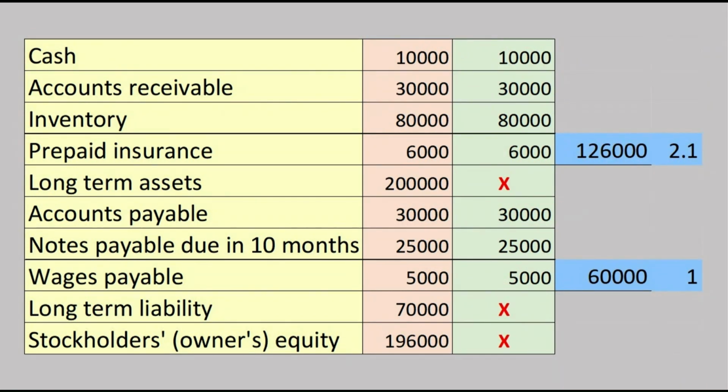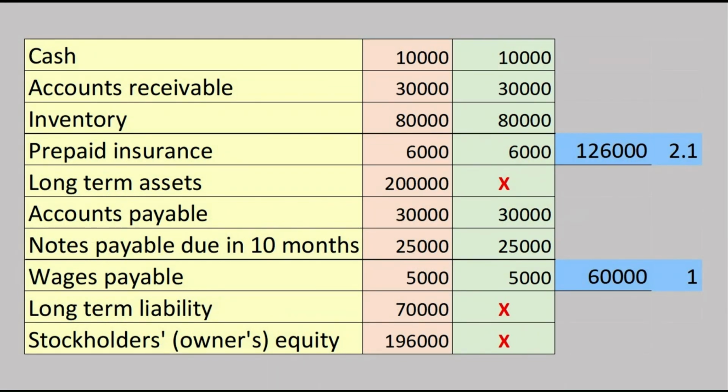Current assets. Cash 10,000. Accounts receivable 30,000. Inventory 80,000. Prepaid insurance 6,000. Total 126,000. Current liabilities. Accounts payable 30,000. Notes payable due in 10 months 25,000. Wages payable 5,000.